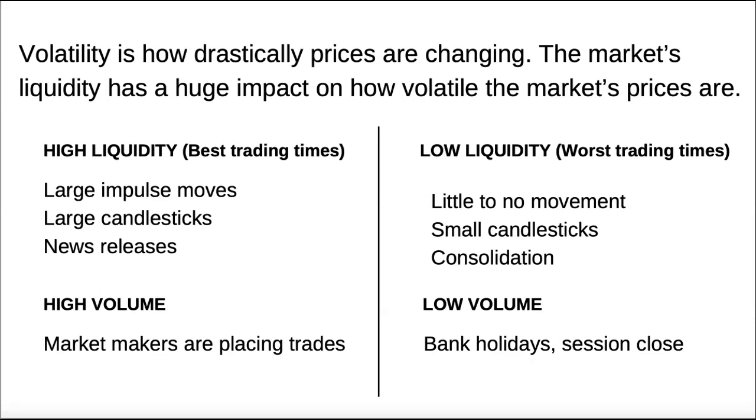The market's liquidity has a high impact on how volatile the market is and how much the prices are fluctuating. So high liquidity is the best time to trade, and low liquidity is the worst time to trade. When there is high liquidity in the market, you're going to see large impulse moves and large candlesticks. This can also happen when there are news releases.